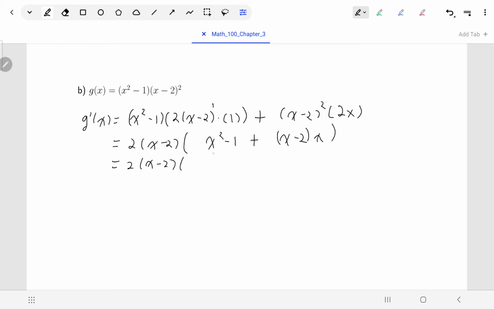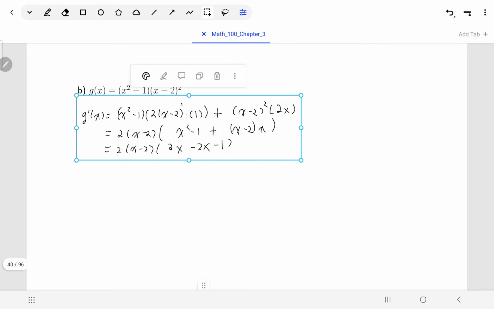And if I were to clean that up, that would give me 2x squared, oh, sorry, that would give me 2x squared minus 2x minus 1. Okay, so we have found our first derivative.